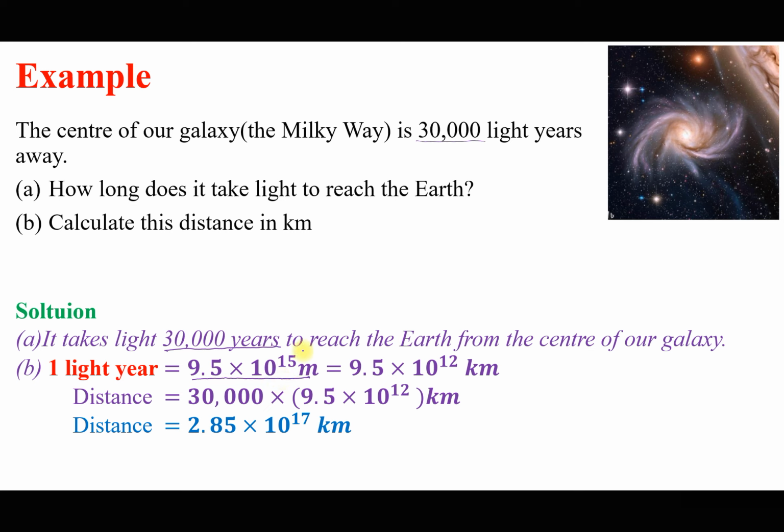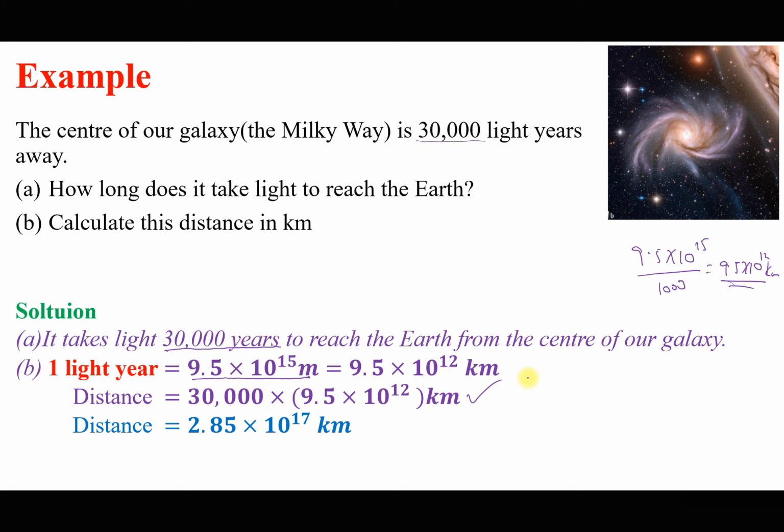To change it to kilometers, I divide by 1,000, which becomes 9.5 times 10 to the power of 12 kilometers. So that is the distance for 1 light year. That means 30,000 light years is going to be 30,000 times this distance. That's why I multiplied here.